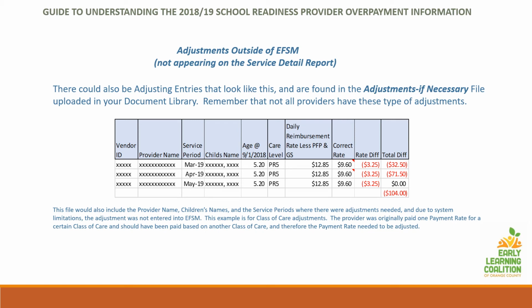What is included in your file is similar to the last slide, which will show the child, the incorrect information, and the correct amount and difference to be adjusted to your reimbursement totals. Again, please remember that not every provider will have this adjusting entries file.